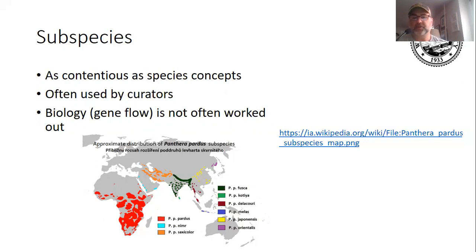Where you have disjunct populations like these leopards. So leopards occur in the Eastern Hemisphere, in the Southern Eastern Hemisphere, including Africa and Asia. And if these populations are not interbreeding with other populations, then they probably are valid species.